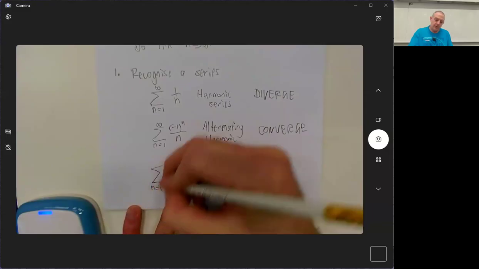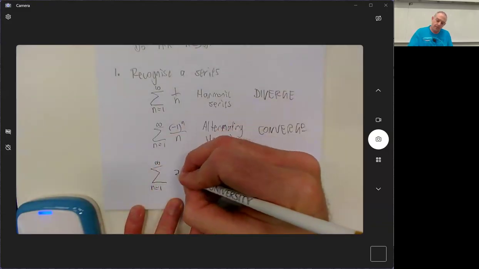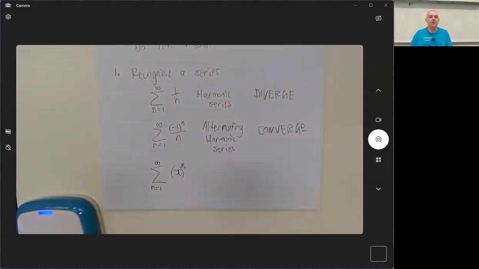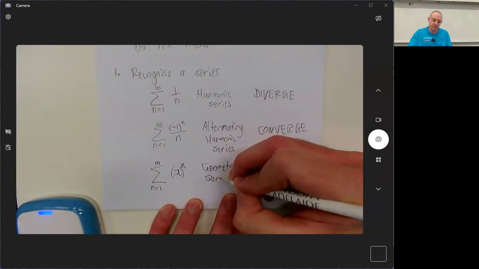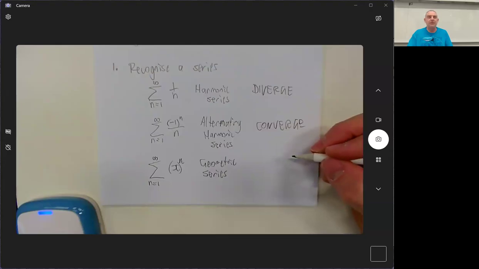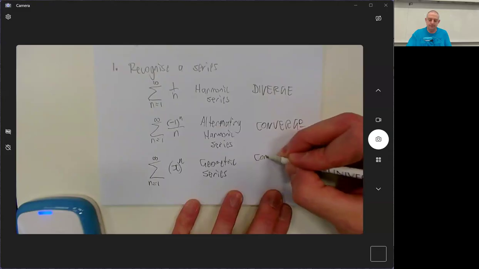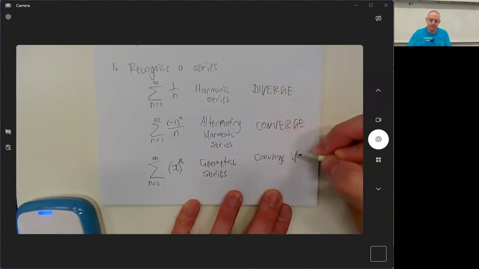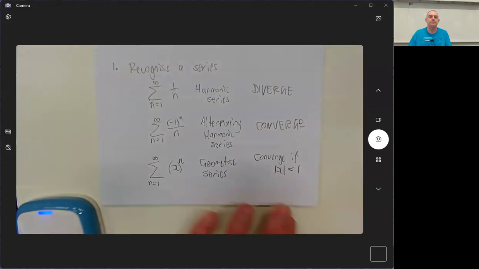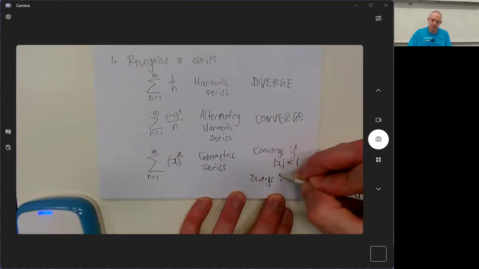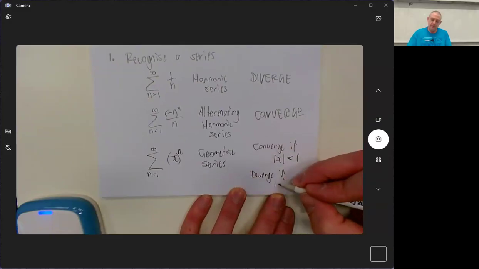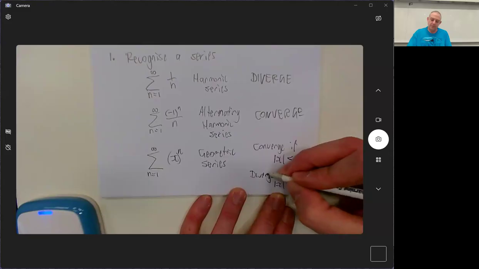So there's the one that goes like this: some number to the power of n, that's a geometric series. And it converges if the absolute value of x is less than 1. And it diverges if the absolute value of x is greater than or equal to 1.